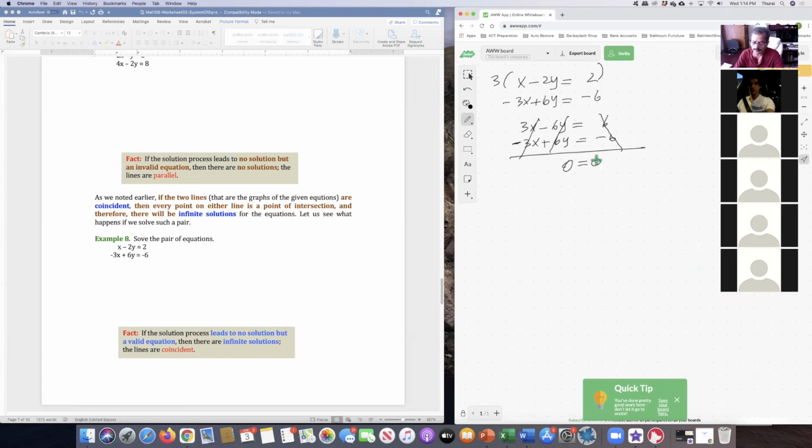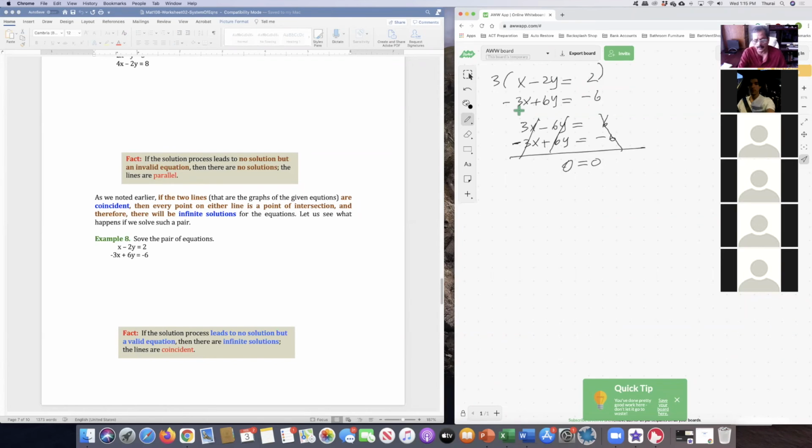Now, in the case of coincidence, if you're good with numbers, you can see that by looking at the equations. Can you see that if I multiply the first equation by -3, I'm getting the second equation? -3 times the first equation is the same as the second equation.